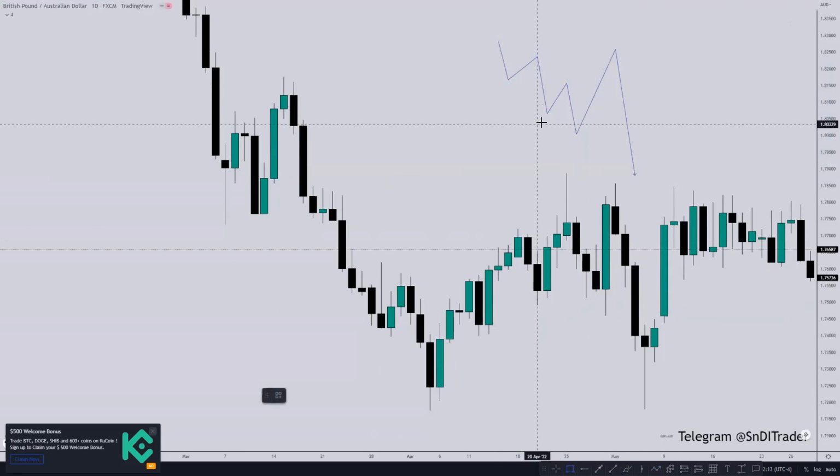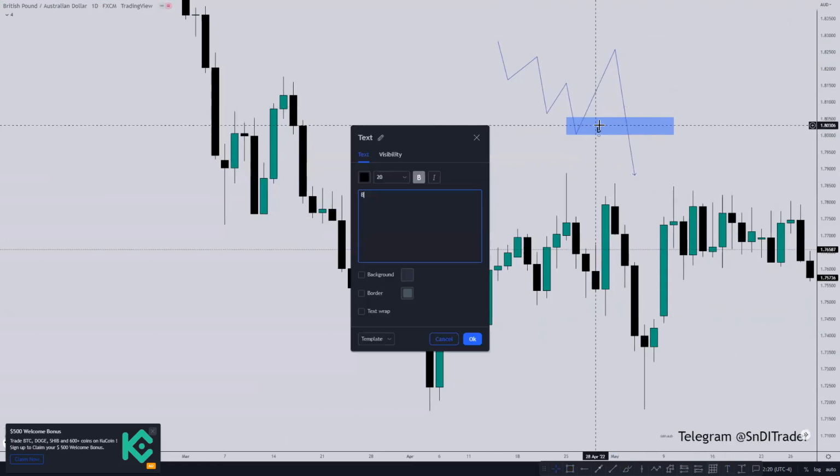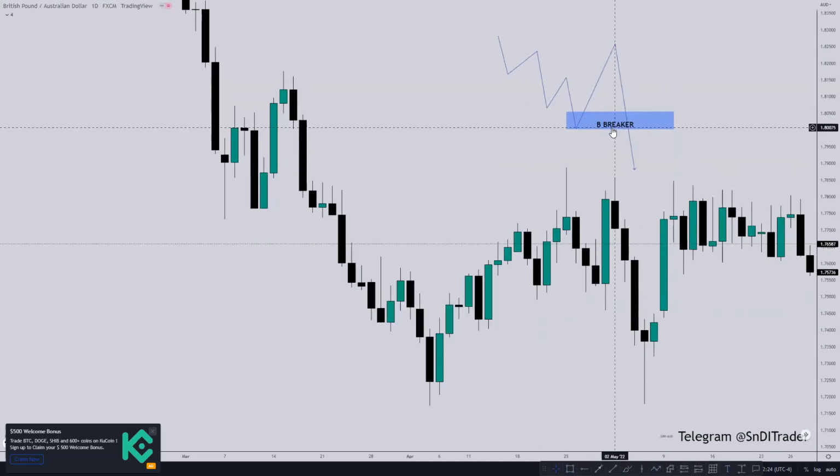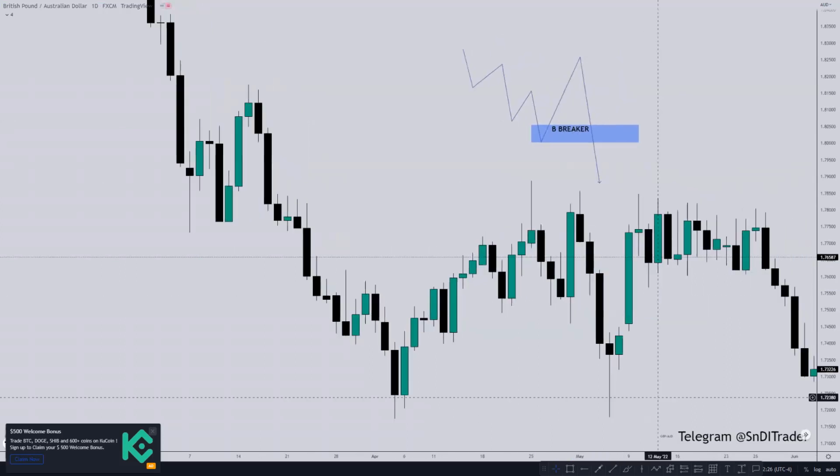So this last lower low can be a good bearish breaker. Okay, so this can be a good bearish breaker for you. So you might take a sell from here.